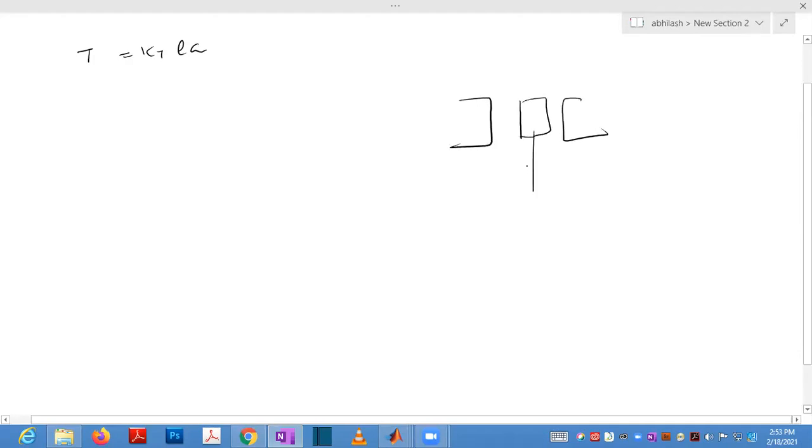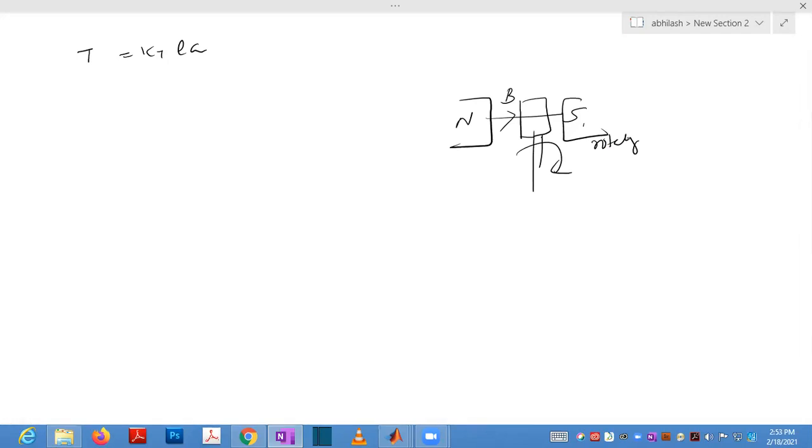So it is rotating, which means here is a flux, and the north pole and south pole are there. This coil is rotating, which means we are giving a force and it is rotating. Like that we can also interpret.